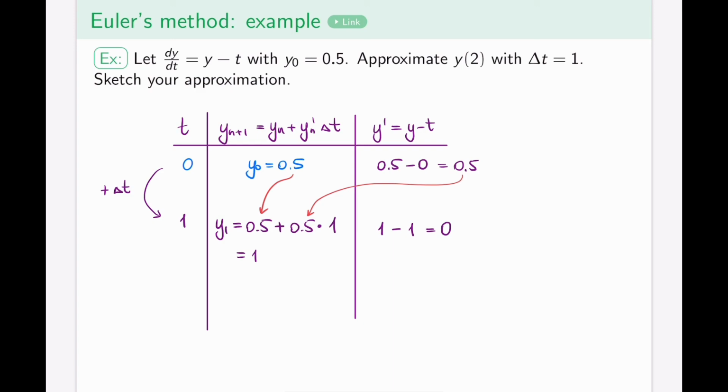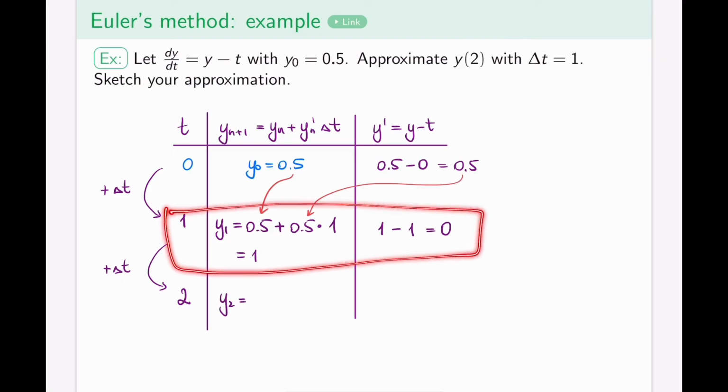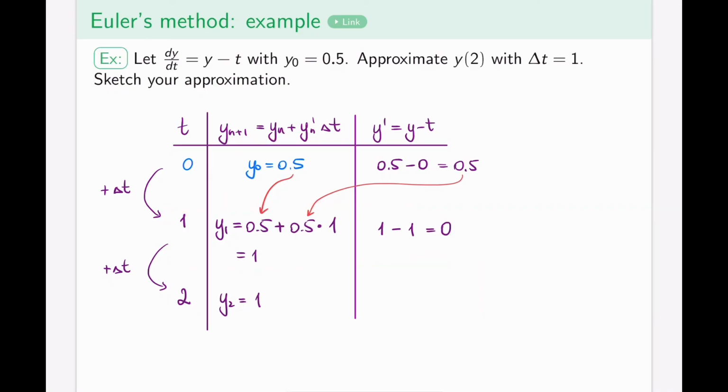So the next thing I'm going to do is, again, add the step size. This is going to land me at 2, which is exactly where I would like to end, y of 2. And I am going to calculate the y value here. So again, using all the previous line's information, plugging it into the formula: the previous value for y, which is 1, plus the previous value for the slope, which is 0, times the step size, which is 1.